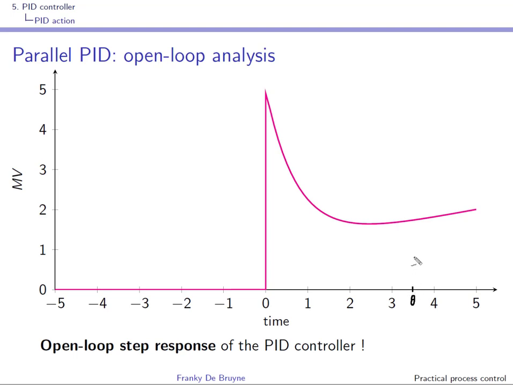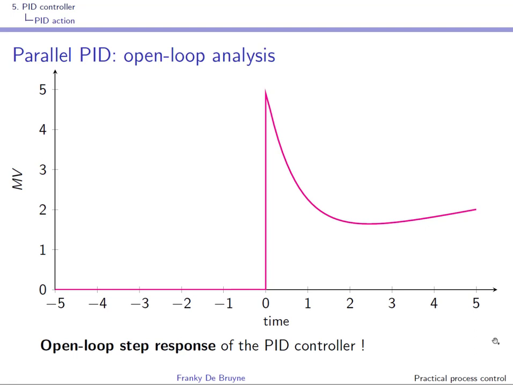So in the first part of the closed loop step response, until the process reacts, this is the evolution of MV that you will see. And when the process starts to react, in this region over here, you will see a deviation from what you see on the screen. But in this time region from 0 to theta, where 0 is now the time of the set point change, this is exactly the evolution of MV that you will see.